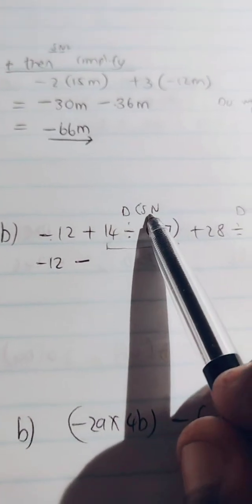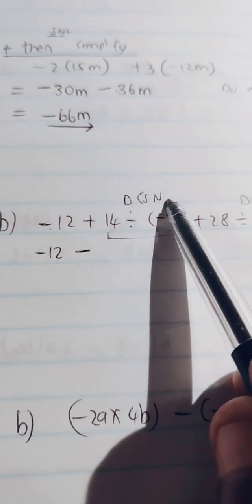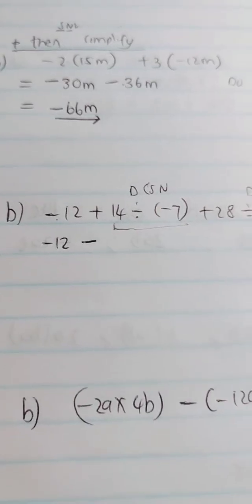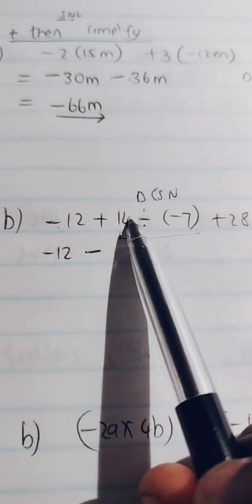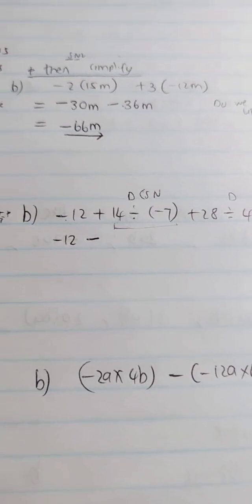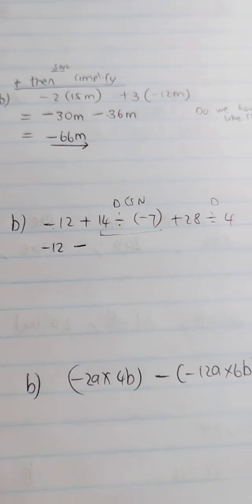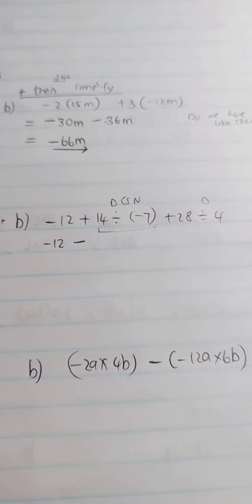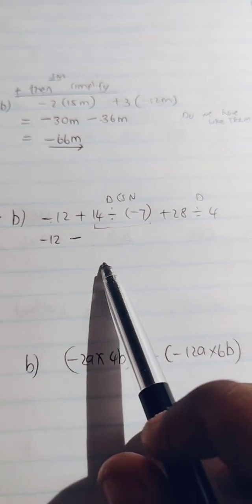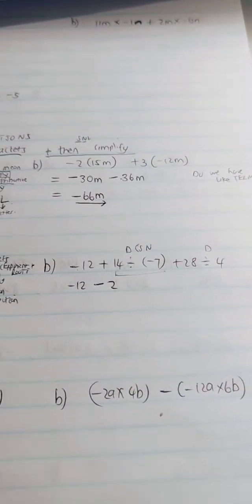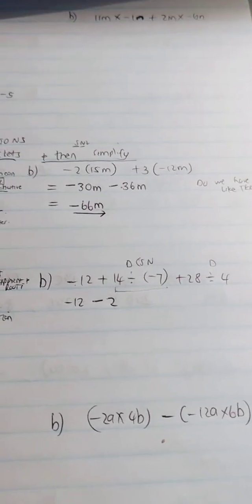I'm done with the sign. Now it's time to move on to the number. What is 14 divided by 7? Come on, guys, in the comment section, help me out here. What is 14 divided by 7? Yes, thank you.